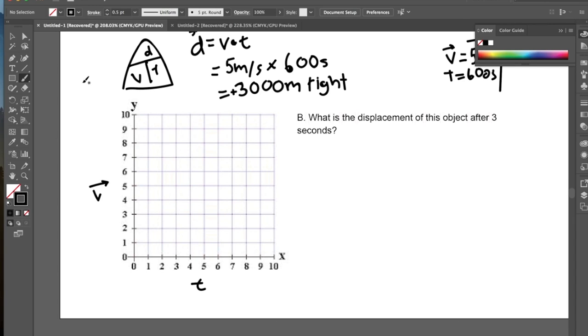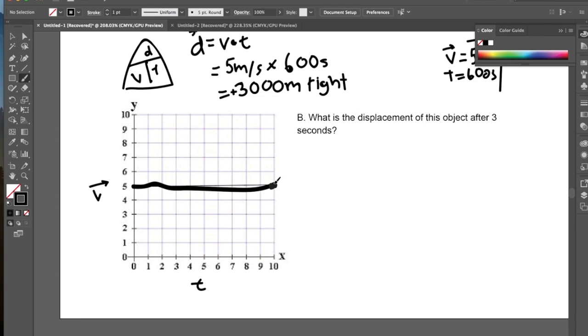So all we have to do is take a line at 5 meters per second and draw it straight across. Not the most straight line, but we get the idea that it's constantly traveling at 5 meters per second.